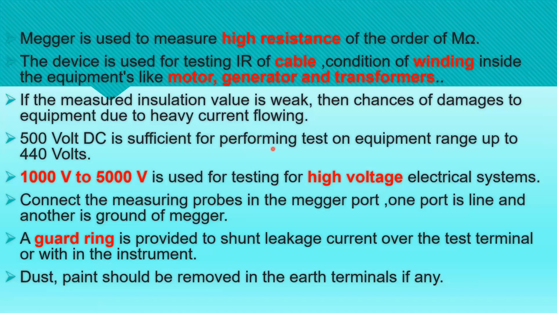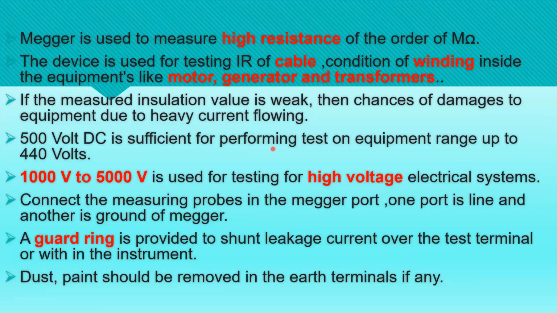One precaution is that the probes should not be touched, because it is direct current. If it is more than 500 volts, it is very dangerous. So the probe should not be touched. That is a precaution. The second thing is that the insulation resistance being measured should not be of a very low voltage range; that will damage the system.